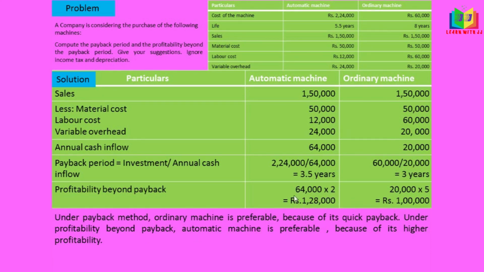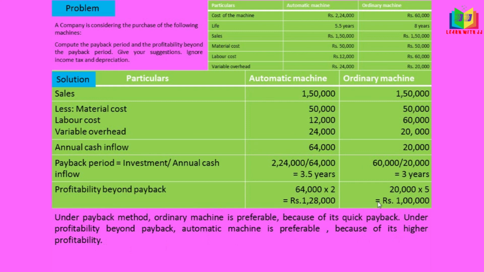That is, it gives 1,28,000, but the ordinary machine gives only 1 lakh. So comparing this, it gives the more profitability, that is automatic machine. So under profitability beyond payback, automatic machine is preferable because it gives higher profitability.